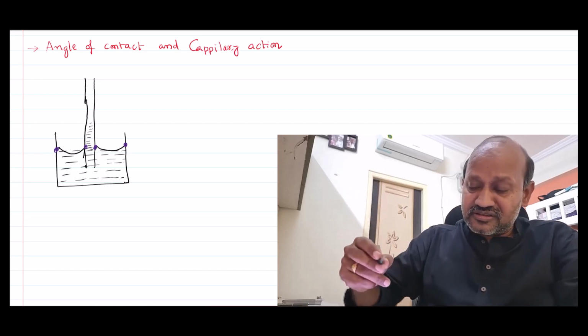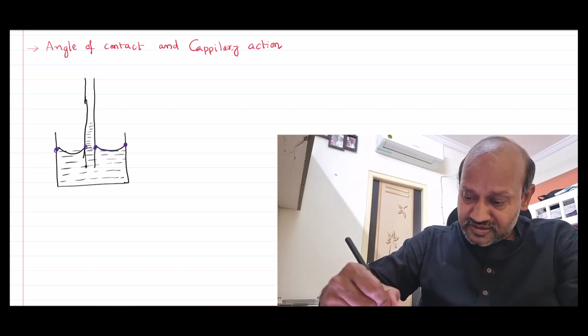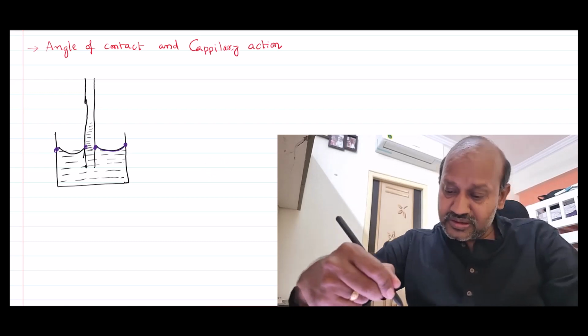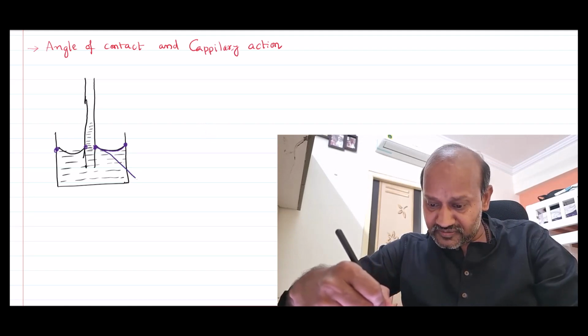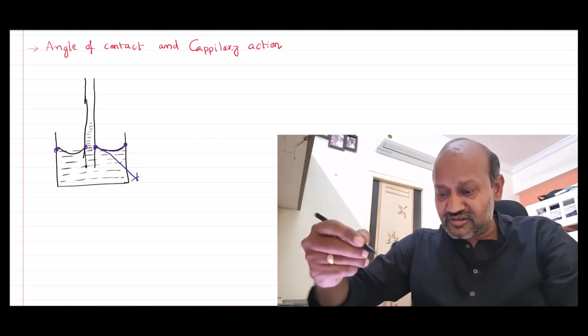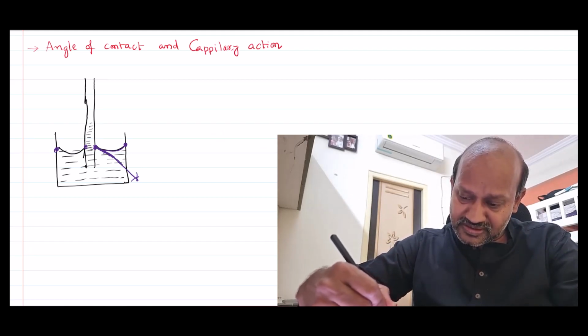One tangent is drawn to the curved surface of the liquid. This is the curved surface now. So one tangent shall be drawn to the curved surface like this. My tangent may not be a perfect tangent because I am using a digital device, but this is a tangent.